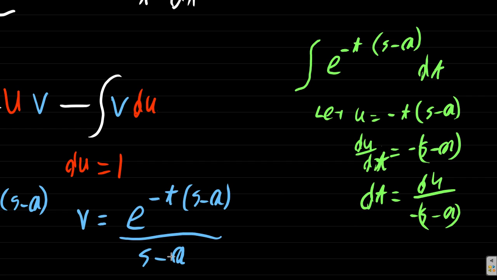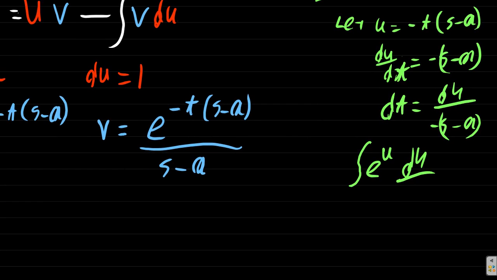So we'll soon come back to this. What you have is the integral of e to the u dt. But dt is going to be du over negative (s minus a).